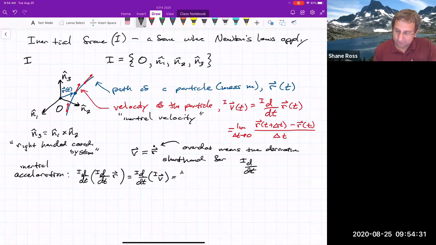And what is this? This is the inertial acceleration. So as shorthand, we could just write the over dot. It's the first time derivative of the inertial velocity, or it's also the second time derivative of the particle location.